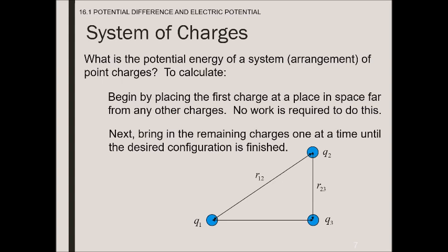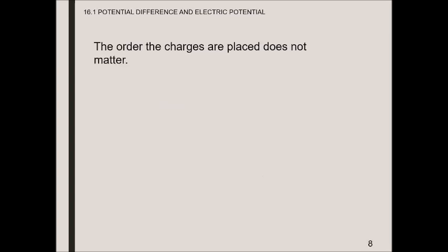Now when we're dealing with systems of charges, we need to use our superposition principle and add up the energies. So if we have a system of 3 charges and want to figure out how much energy is in the system, we can start out with 1 charge, keep adding charges, and add up all the pairwise interactions. If we start out with a single charge, the energy is 0 because there's no second charge.